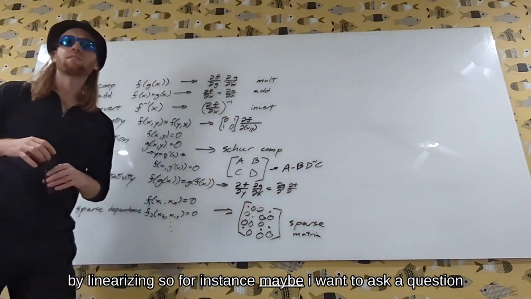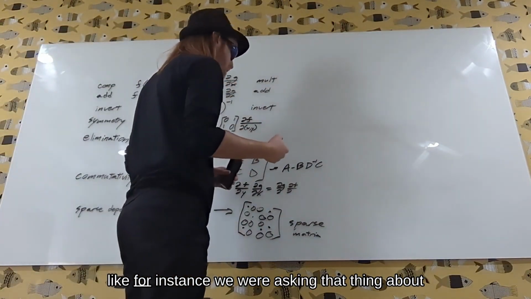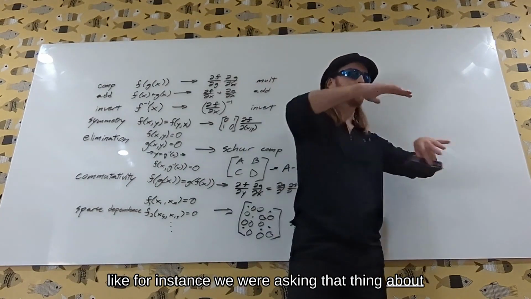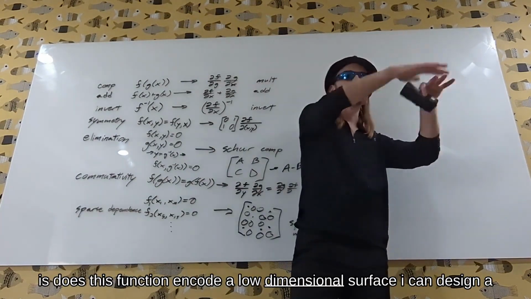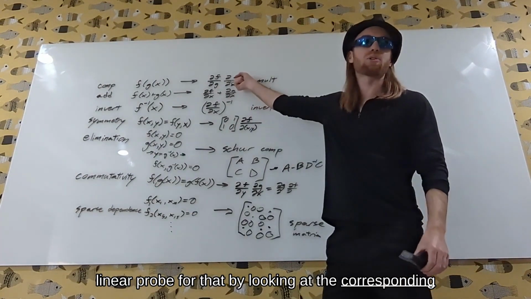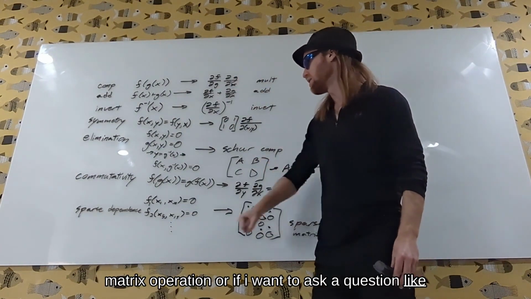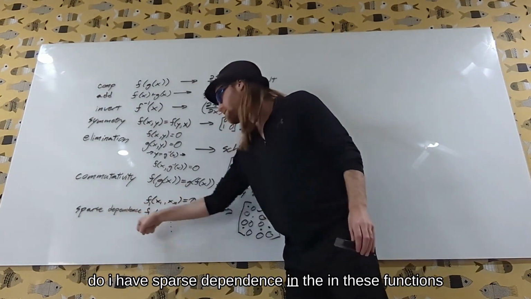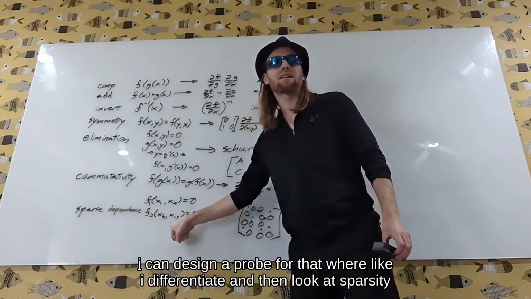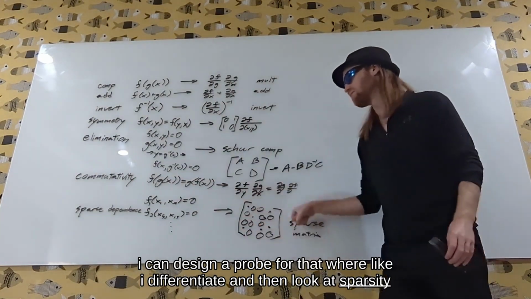So for instance, we were asking about whether this function encodes a low-dimensional surface. I can design a linear probe for that by looking at the corresponding matrix operation. Or if I want to ask a question like, do I have sparse dependence in these functions, I can design a probe for that where I differentiate and then look at sparsity of the matrix.